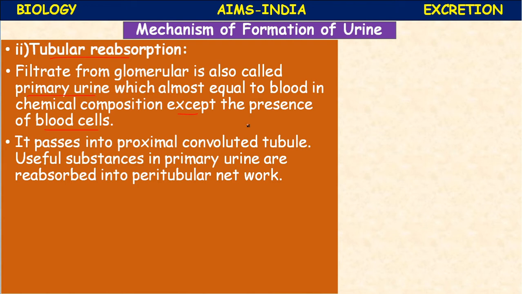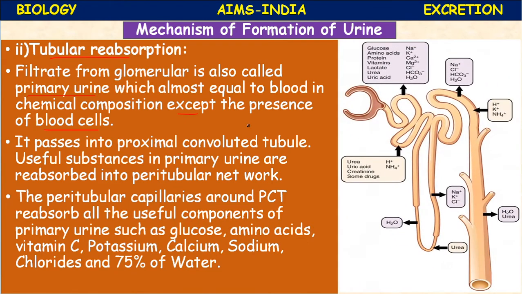The peritubular capillaries around the proximal convoluted tubule, PCT, reabsorb all the useful components of primary urine such as glucose, amino acids, vitamin C, potassium, calcium, sodium and chlorides, and also 75% of water is reabsorbed.